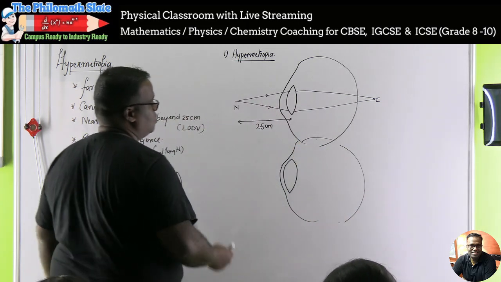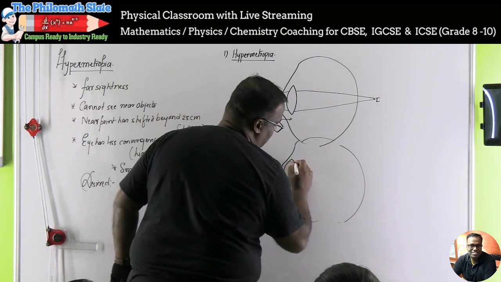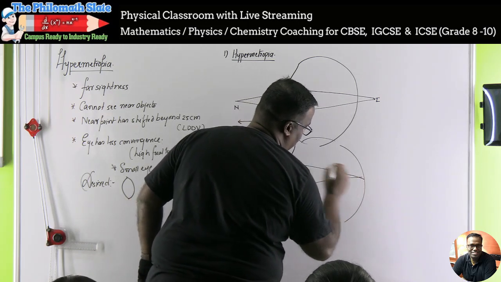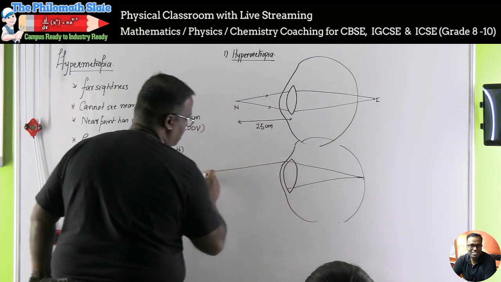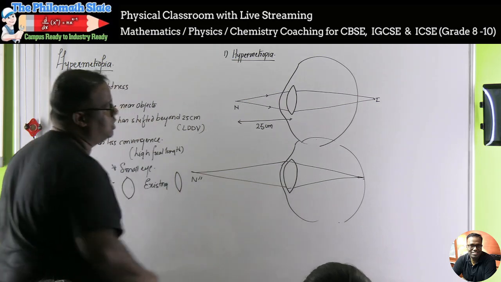Okay. So what is the exact scenario? This person will be able to converge vision on the retina when the near point has shifted away. So this is his new near point, n double dash.